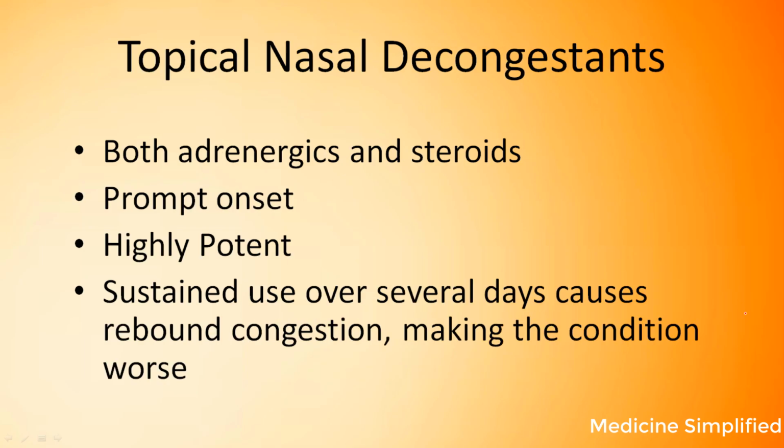Coming to topical nasal decongestants, they are both adrenergic and steroids. They are prompt in onset and highly potent. Sustained use over several days causes rebound congestion, making the condition worse. So, prolonged use of topical nasal decongestants is not advised.